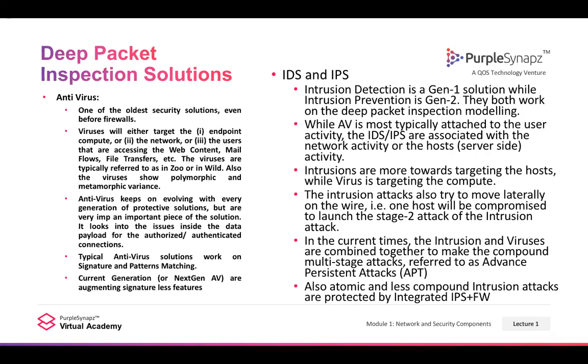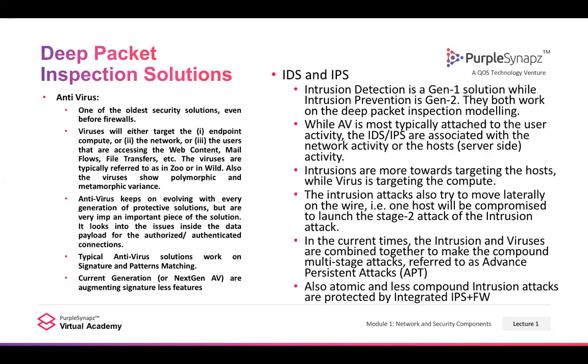Now, viruses will either target the endpoint compute, which means the machine, or they will target the network where multiple machines are connected together. They will launch attacks so that the network becomes flooded. Or they will target the end user through web content access, mail flows, or file transfer.